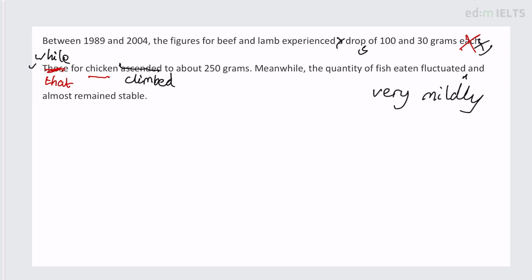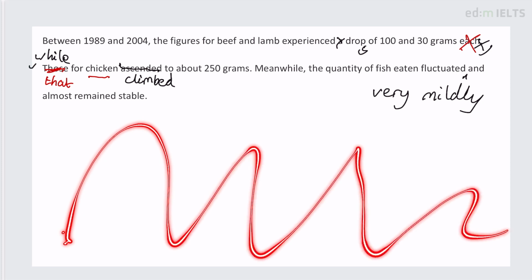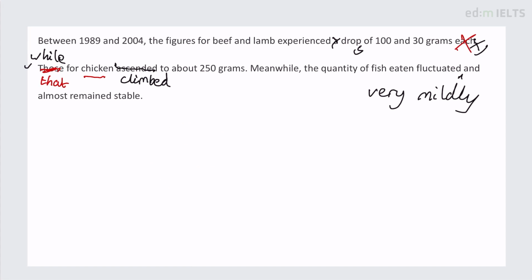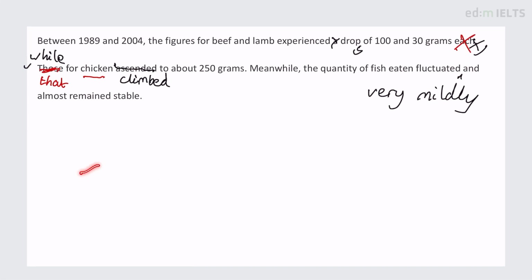We don't use the word "mild" much in Task 1 language, but there is some special language for fluctuations. If it's fluctuating a lot, you can say, for example, wild with a W, wild fluctuations. If it's very gentle, you can say mild fluctuations.